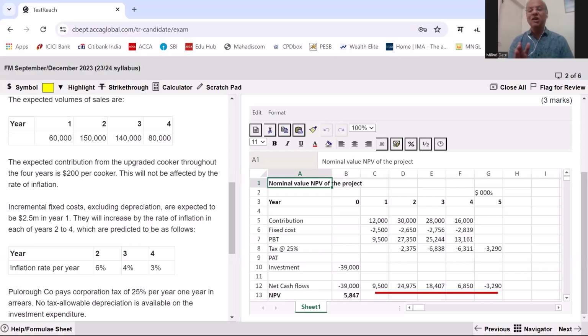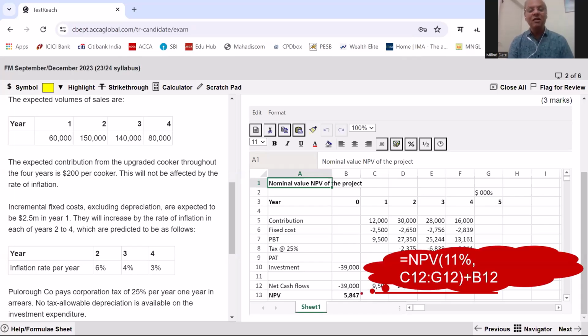First, write down the discount rate, like here it is 11%, and then provide the range which I have given here as C12 to G12. So that is what will be typed in the cell, and then that will give you the value of NPV here. So make use of spreadsheet functionality and make your answer look like a real professional answer. But for that, of course, you need a lot of practice.